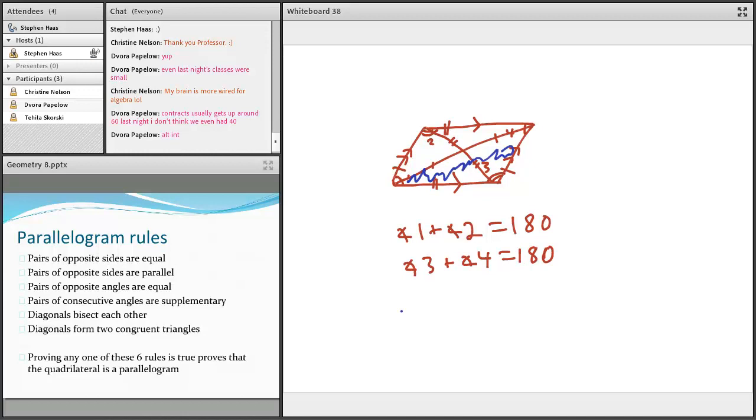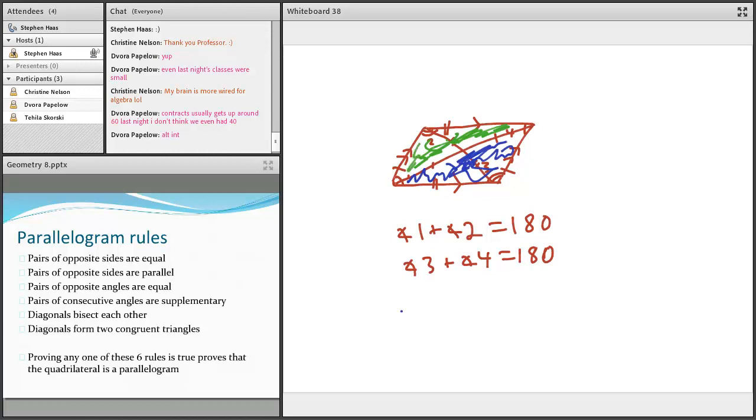Let's assume that I filled in this whole thing. This whole triangle is congruent to this whole triangle. The blue triangle and green triangle are congruent to each other. Those are really the earmarks of a parallelogram.